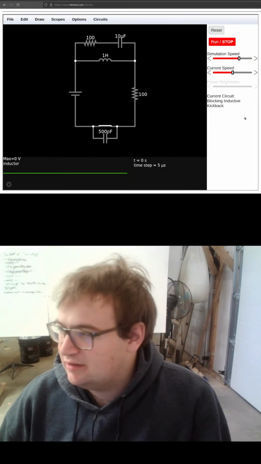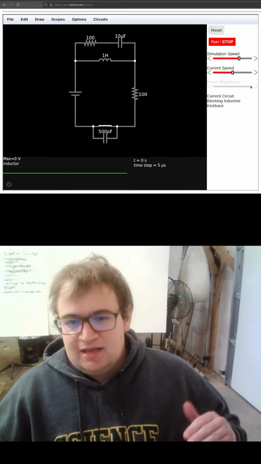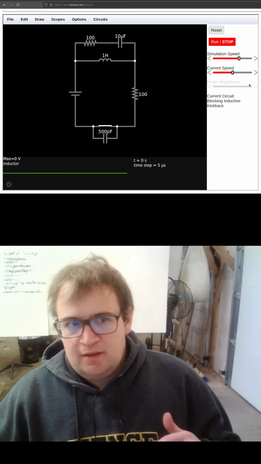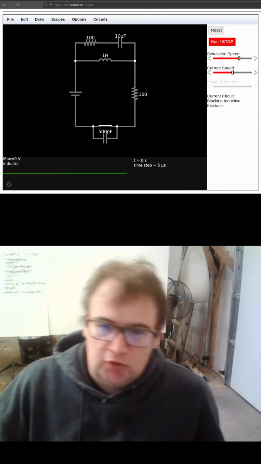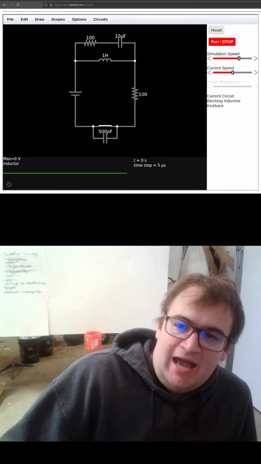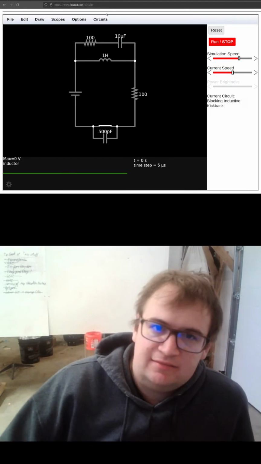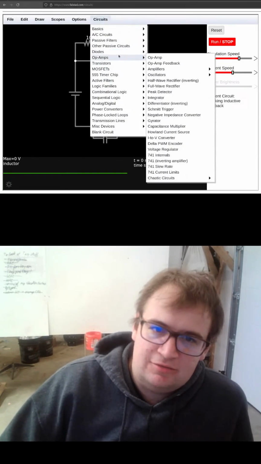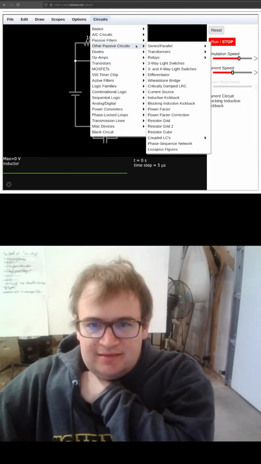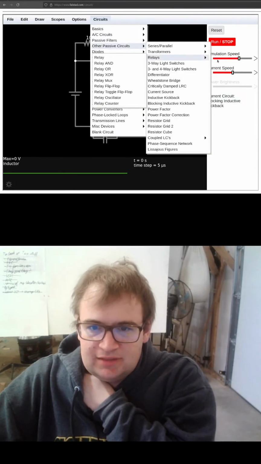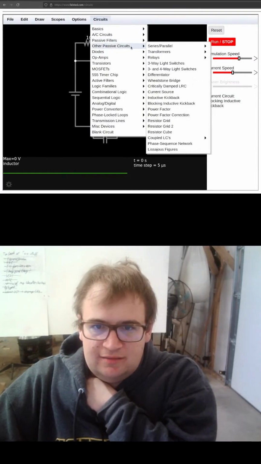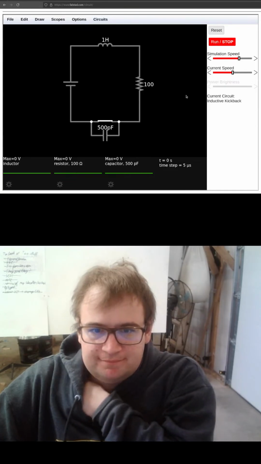And that is what inductive kickback is. It's just that rapid increase in voltage due to the reaction. But here, actually, let's look at the inductive kickback one first.